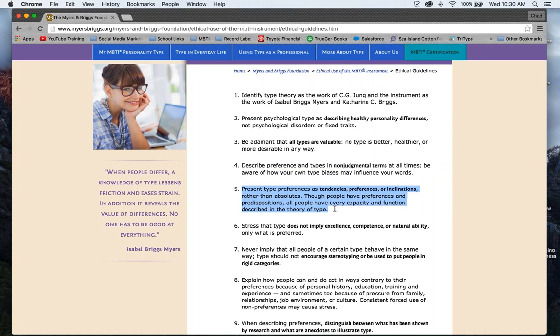Though people have preferences and predispositions, all people have every capacity and function described in the theory of type. So what this implies is that when someone says that INFJs or INTJs, dominant introverted intuitives, are the only ones who will ever understand this.